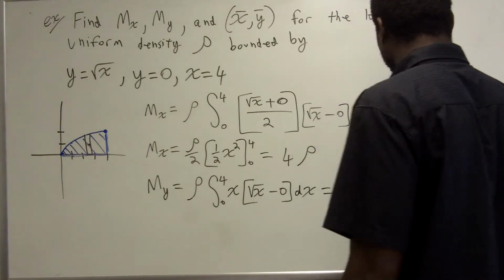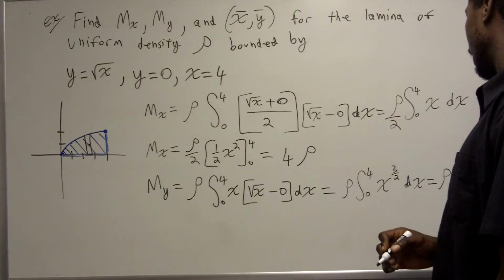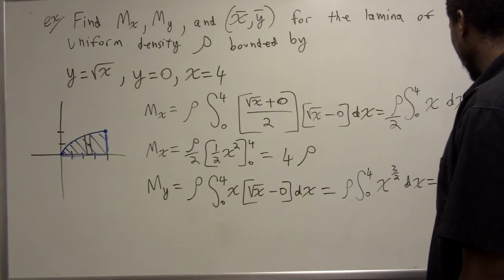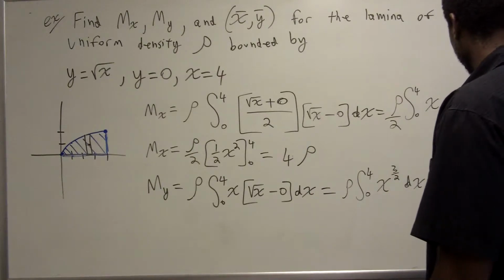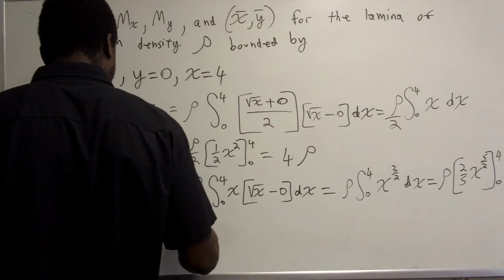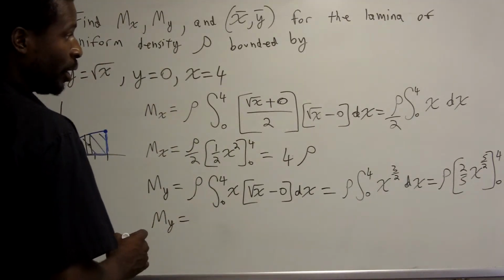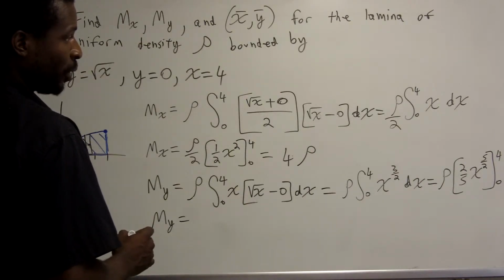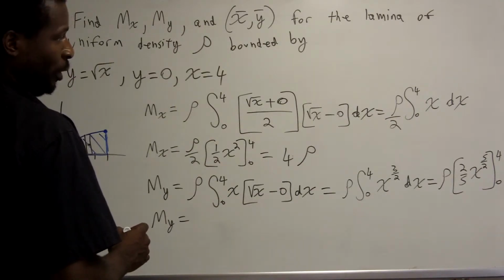And then doing this integral, we have rho times, when you add 1 to 3/2, you get 5/2, so you get 2/5 x to the 5/2 power, and that's from 0 to 4. So My is equal to the square root of 4 to the 5th power. So that's 2 to the 5th power. 2 to the 5th power is 32.